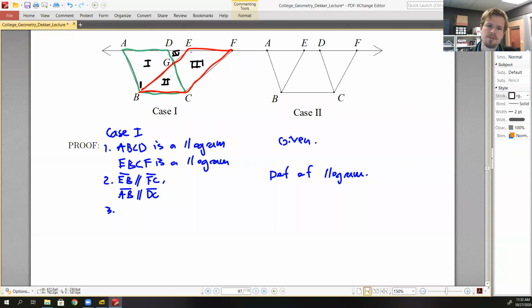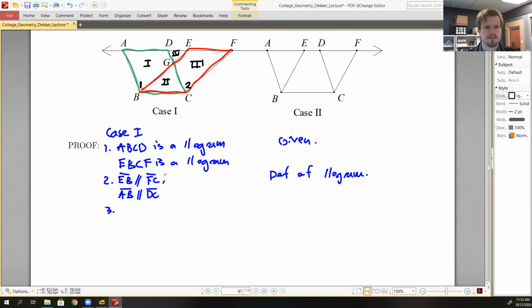And then if we were to use that BE and CF are parallel, this angle is congruent to this angle, which we will call angle 2. So we get that 1 and 2 are congruent, and both of those are a result from the converse of the corresponding angles theorem, right? They're parallel, so corresponding angles are congruent. So there's a couple different ways to get there anyway.